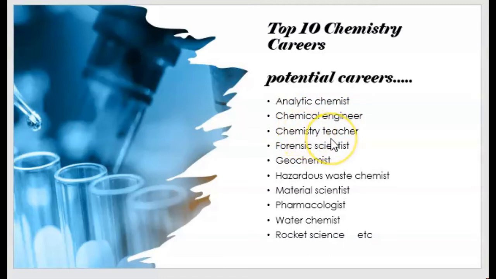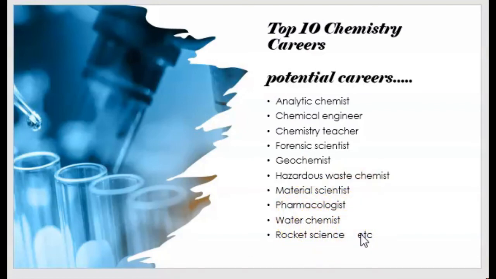Chemistry teacher, like us, some of the teachers are teaching students. Their job is teaching. And forensic scientist, geochemist, hazardous waste chemist, material scientist, pharmacologist, water chemist, rocket science, and so on. There are so many.